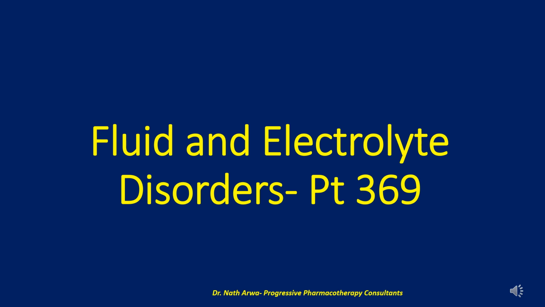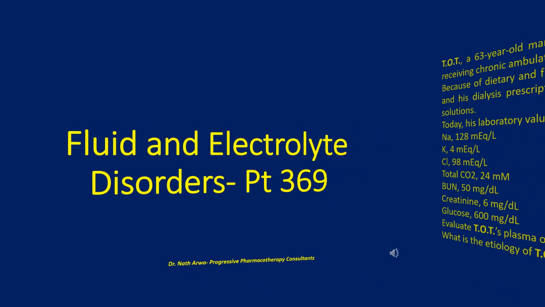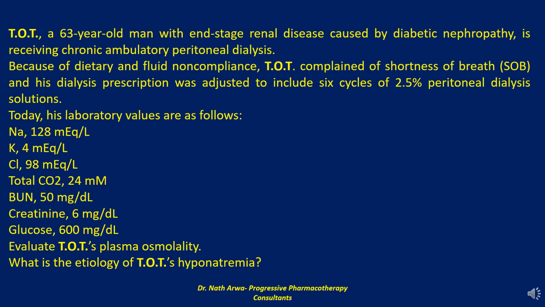I now welcome you all to part 369 of our pharmacotherapy series, which majors in fluid and electrolyte disorders. My first question to you reads: TOT, a 63-year-old man with end-stage renal disease caused by diabetic nephropathy, is receiving chronic ambulatory peritoneal dialysis.